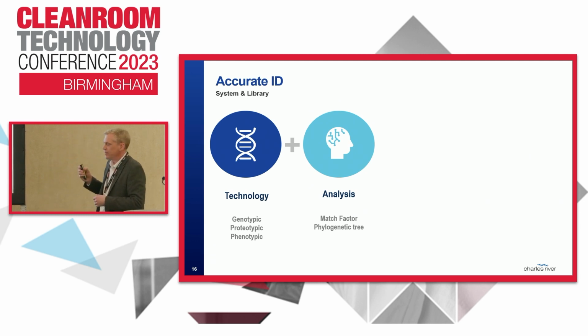Now, there's no universal cutoff for species call in sequencing. It can vary by genus, it can vary by species. So it's really important to look at that phylogenetic tree because it takes into account the relatedness and the evolution, so you can actually see visually where your unknown is compared to the library entry.